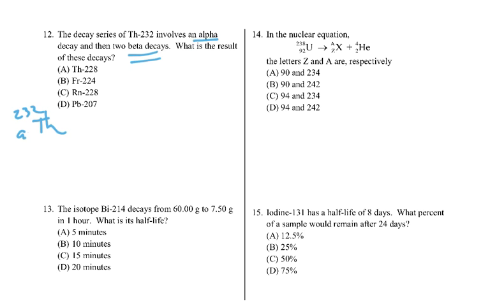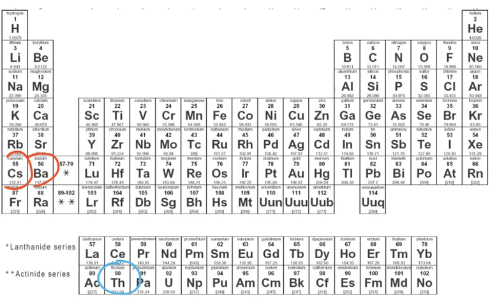So thorium 90 changes into an alpha, and let me figure out what it is. So this is 228 over 88, and 88, where's 88? 86. Here it is, radium, Ra.